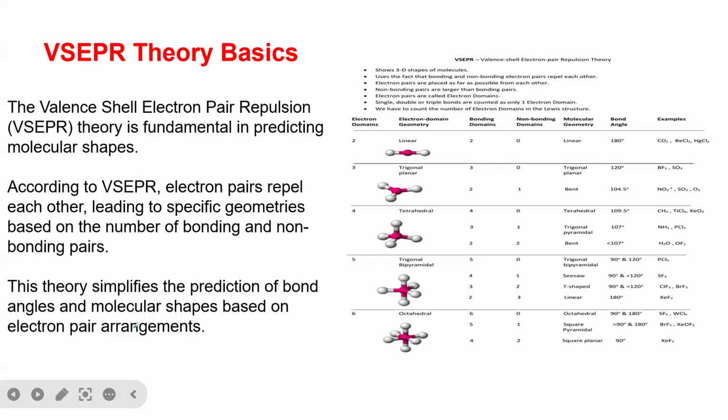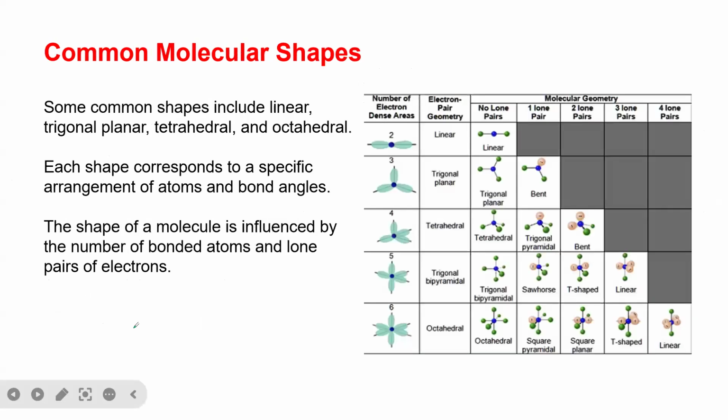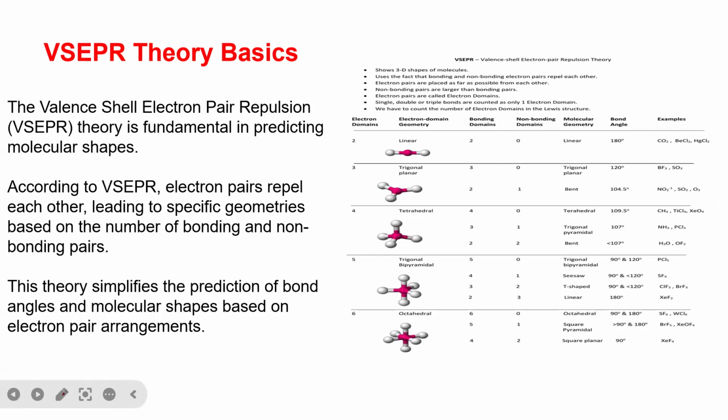Let me give an example here. Let's say you have an atom with atomic number 7. Nitrogen has atomic number 7.